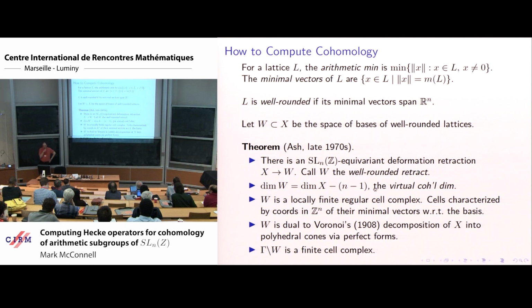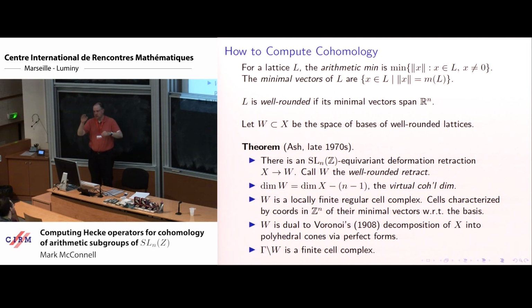Furthermore, again, I'll show pictures in a moment, but this well-rounded retract is a locally finite regular cell complex. The formal way to say it is the cells are characterized by the lattice has got a basis of minimal vectors, and you look at coordinates in Zn of the minimal vectors with respect to, I misspoke there.